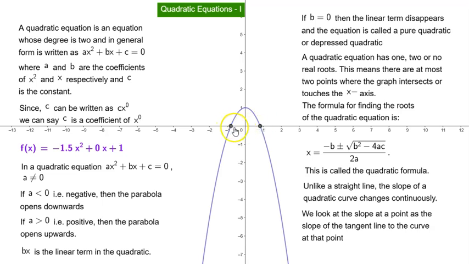So we have 2 points where it is intersecting the x-axis. So if we evaluate this formula, we will get 2 values of x. x equal to something here and x equal to something here.